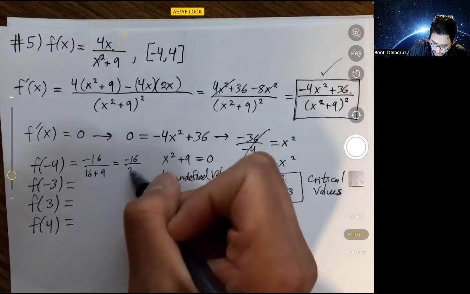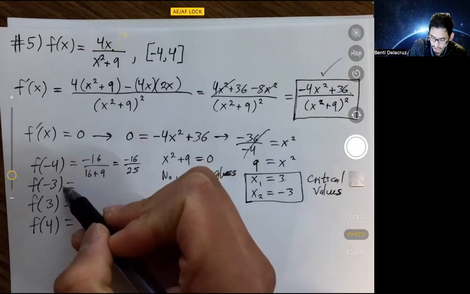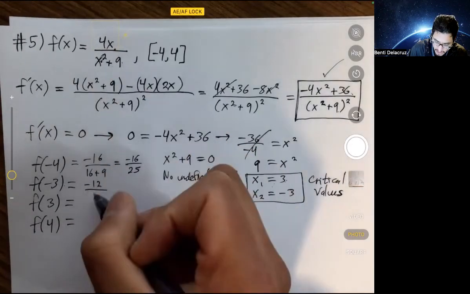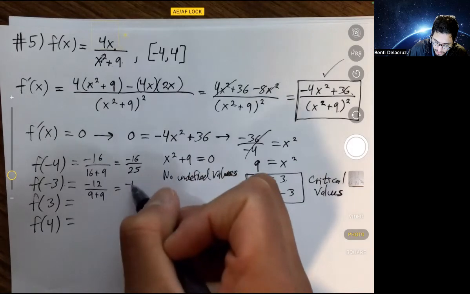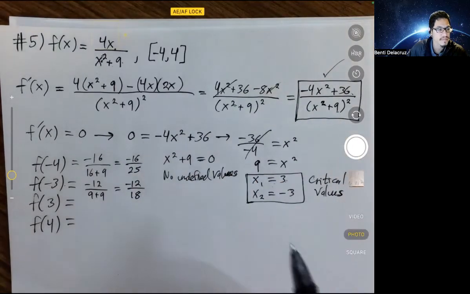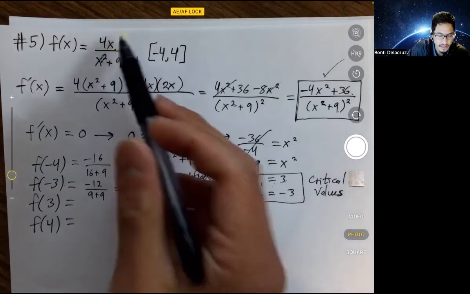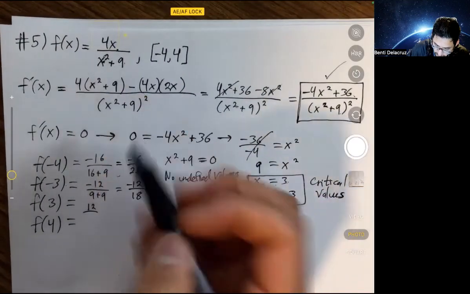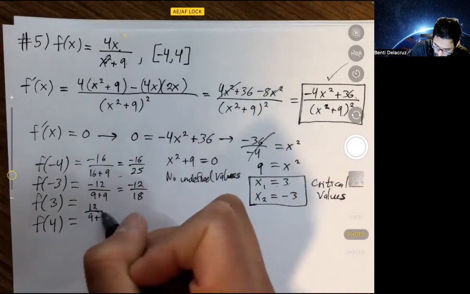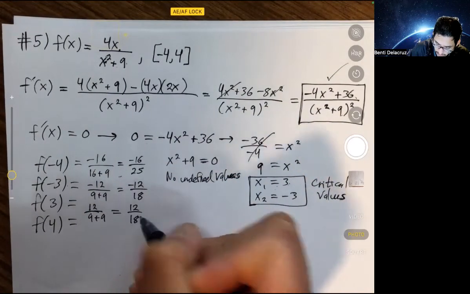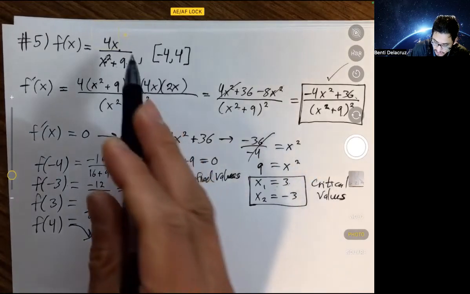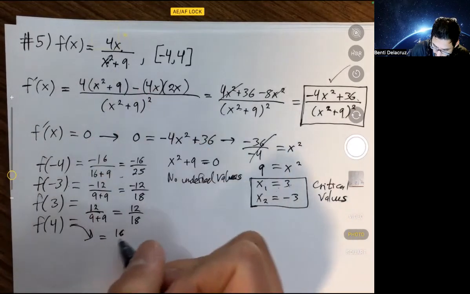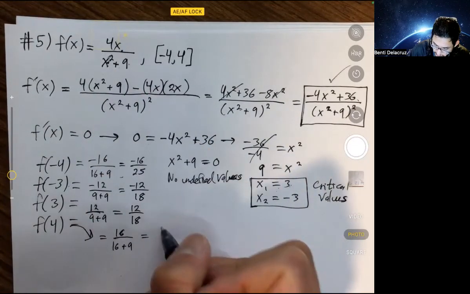Plug in: -16 over 25. Plug in -3: -12 over 9 plus 9. -12 over 18. Plug in 3: 4 times 3, so 12 over 9 plus 9. 12 over 18. And here you'll get 4 times 4, so 16 over 16 plus 9 again. So 16 over 25.